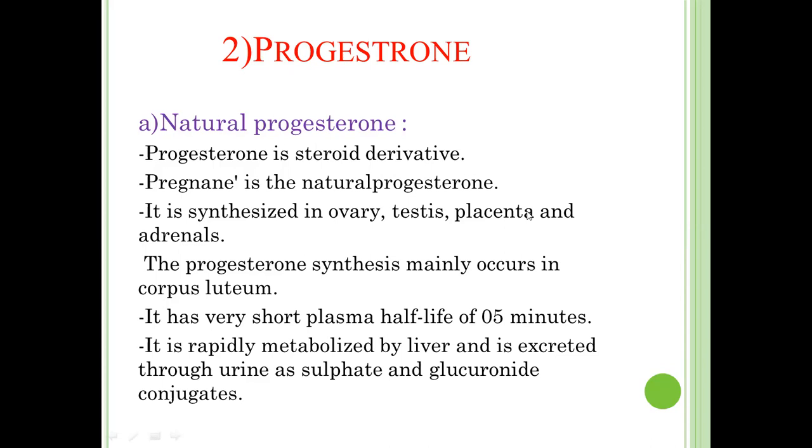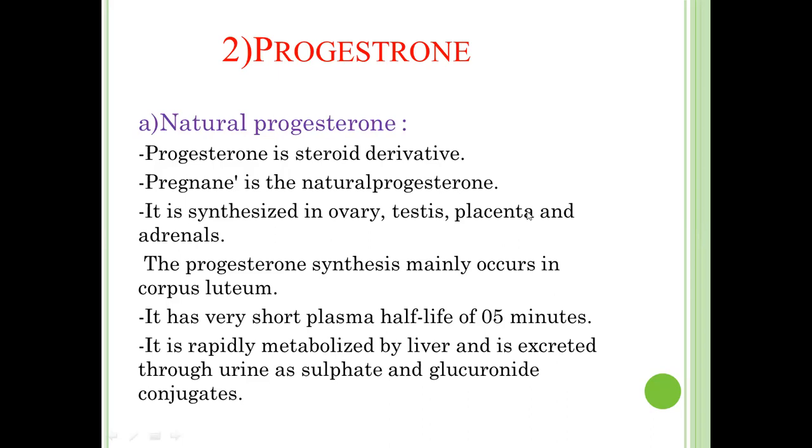Then the progesterone synthesis mainly occurs in the corpus luteum. What is the corpus luteum? It is part of which reproductive system, or connected to which main organ? The female reproductive system.